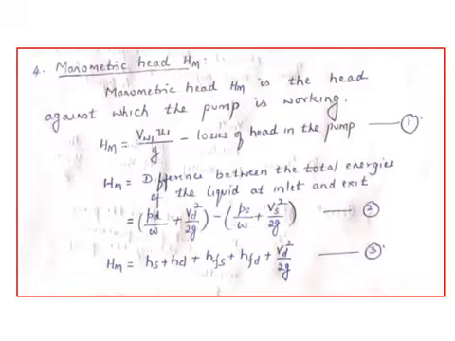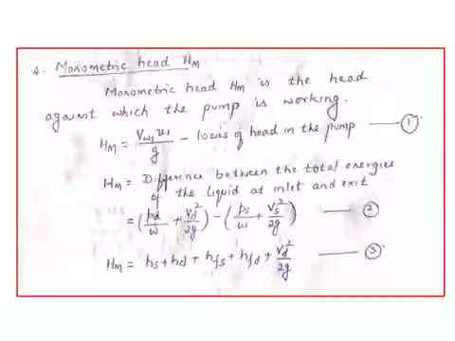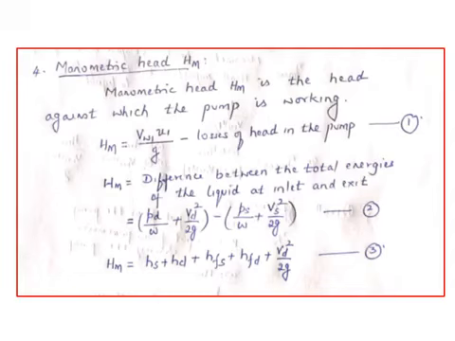Therefore, we are raising the water to 30 meters, but you should not design the pump for 30 meters; you should design it for 36 meters. So when you design the pump for 36 meters, that means the pump is working against this head. As you throw the water, there will be loss in the suction pipe and the impeller, so the 6 meters will go off, and the water rises actually 30 meters.